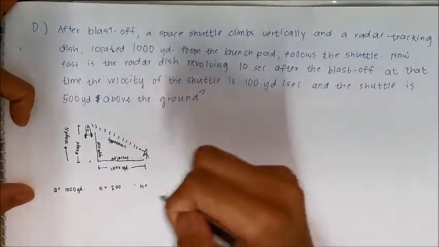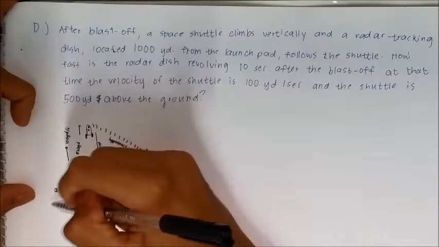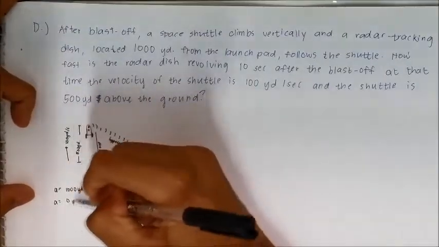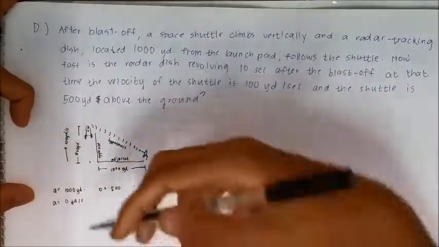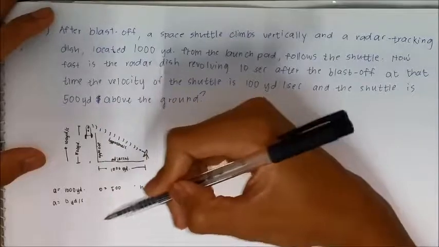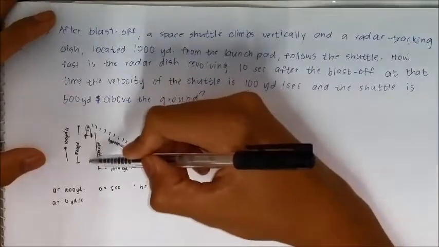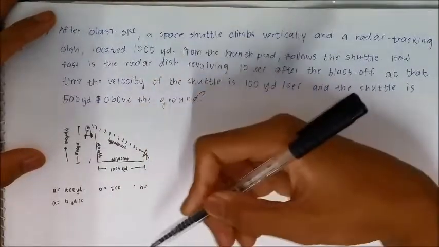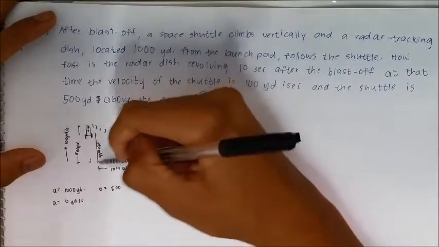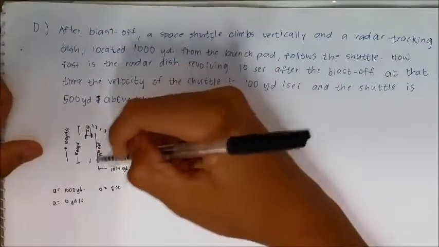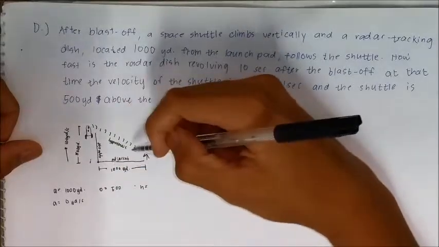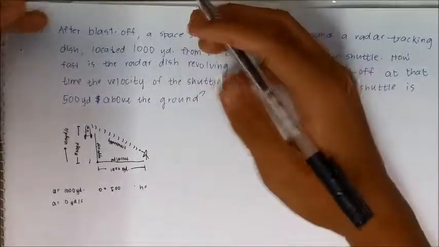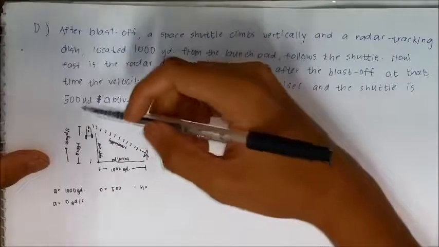Okay, so the rate at which the adjacent changes is 0 yards per second. Why 0? Because the space shuttle is rising only vertically. Therefore, the distance between the rocket and the radar tracking dish in a horizontal sense does not change.